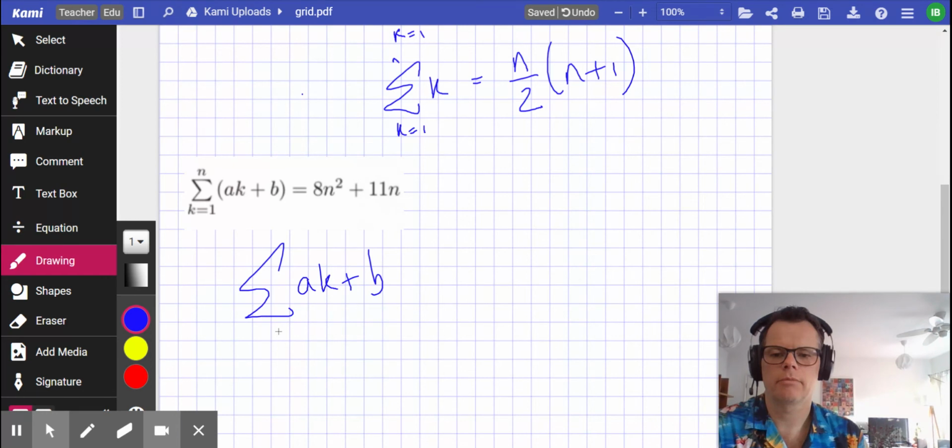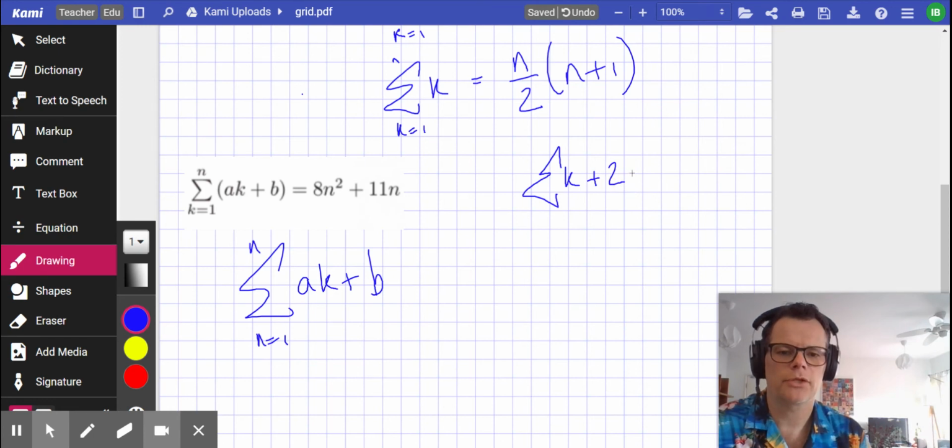Let's think. k is 1 to n, and b is just a number. You're adding a number to every single term, n times. So if I find the sum of k plus 2, I'd have an extra 2 for every single one of these entries, and if I had between 1 and n of them, I'd have n extra 2s.